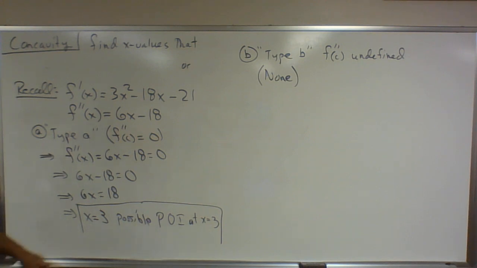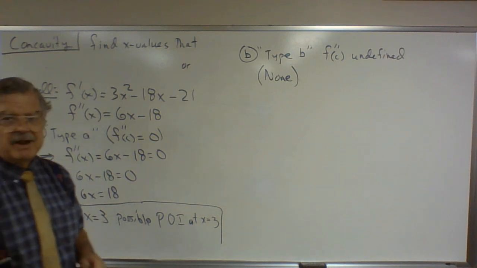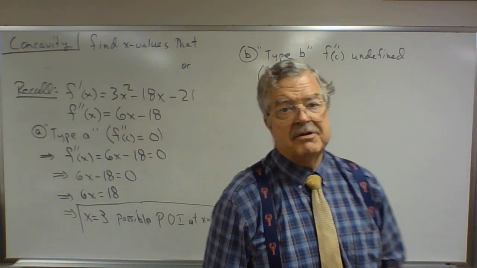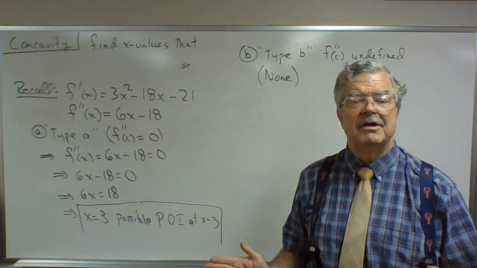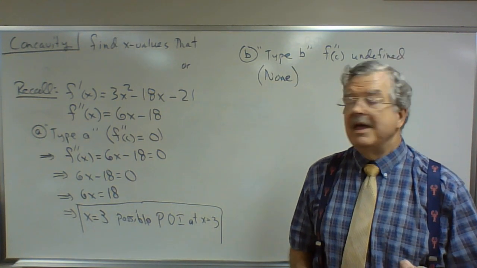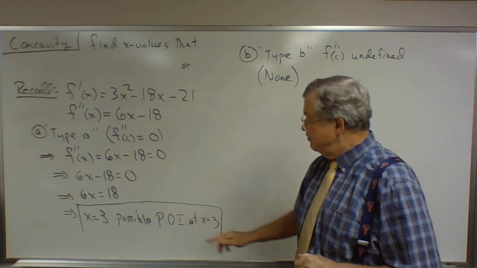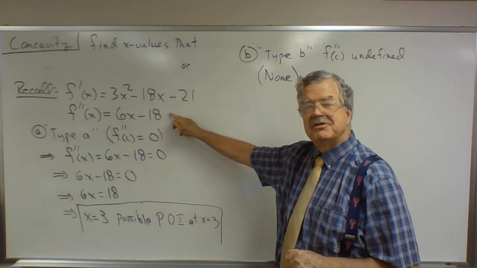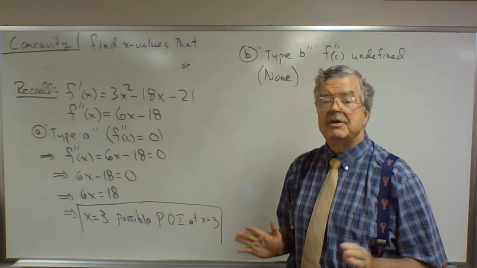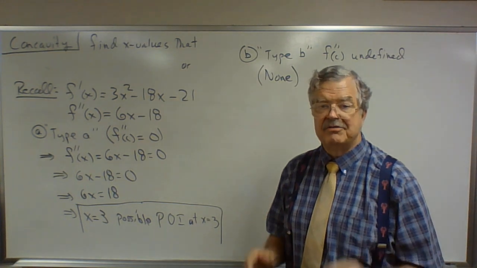We have our only candidate for point of inflection. What do we do now? Pretty much the same thing that we do when we're looking for critical numbers, except since points of inflection come from the second derivative, we draw a sign graph of the second derivative.